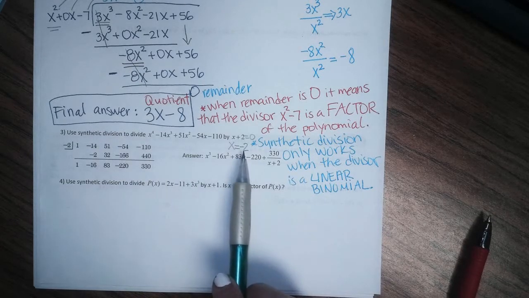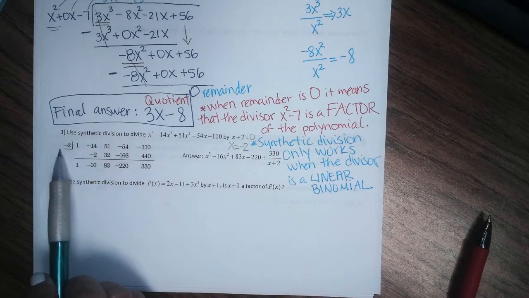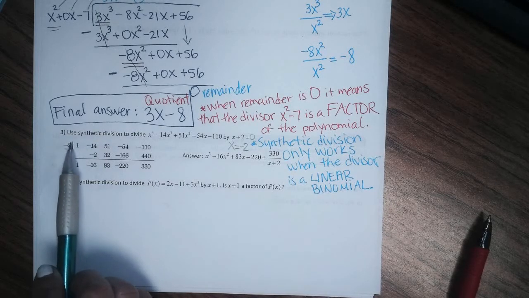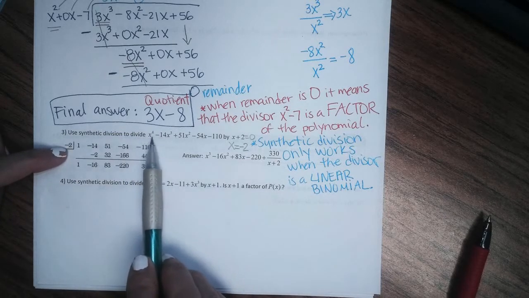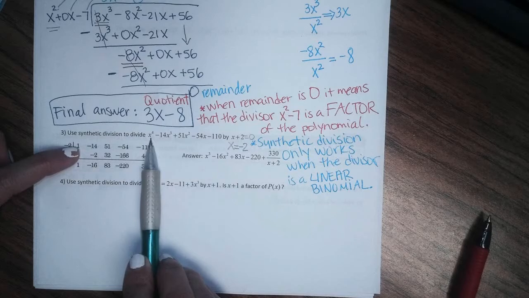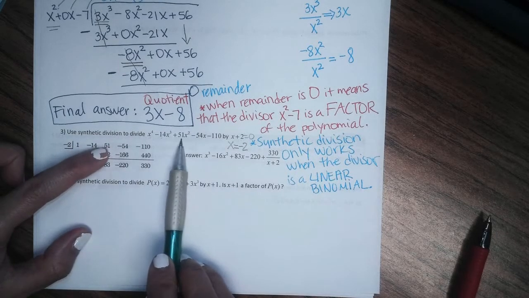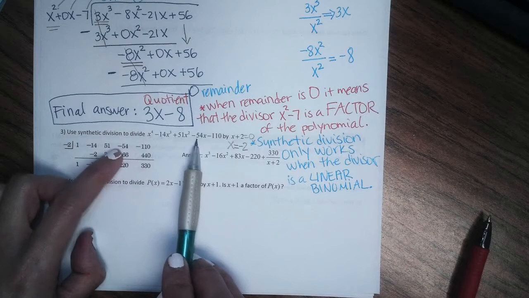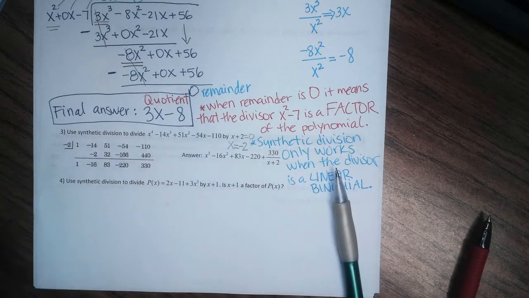I'm going to take this -2 and put it in a little box. Now here's how you do it. You take the coefficients of the dividend. So you take 1 from x to the fourth, -14, 51, -54, -110. So I took just the coefficients.